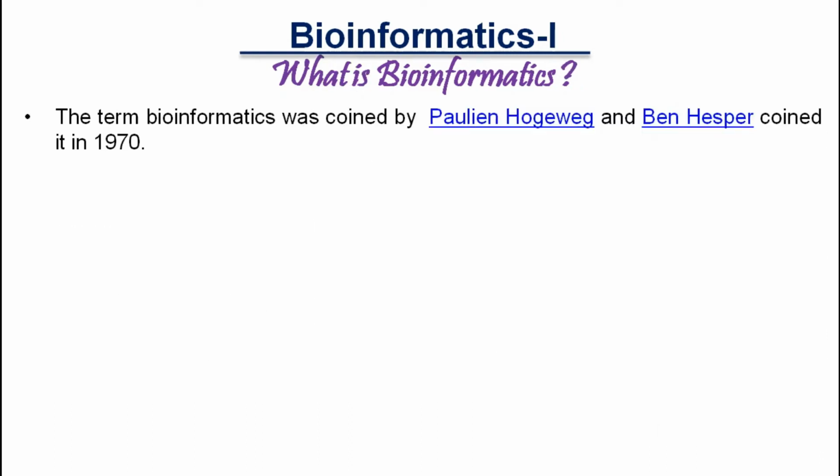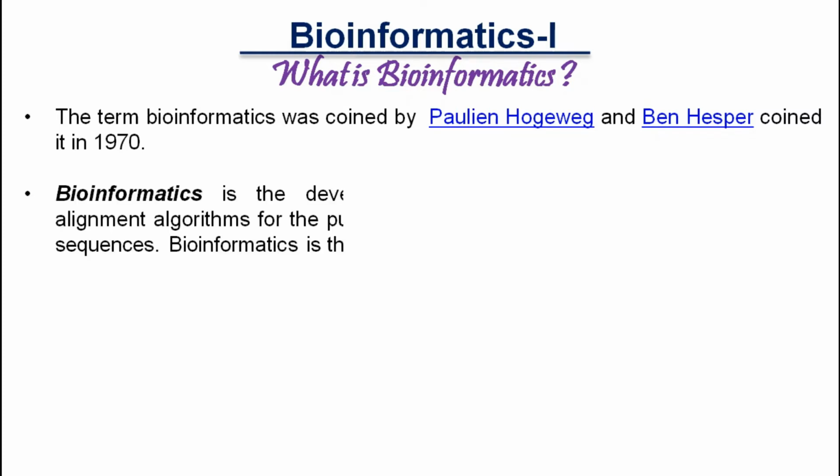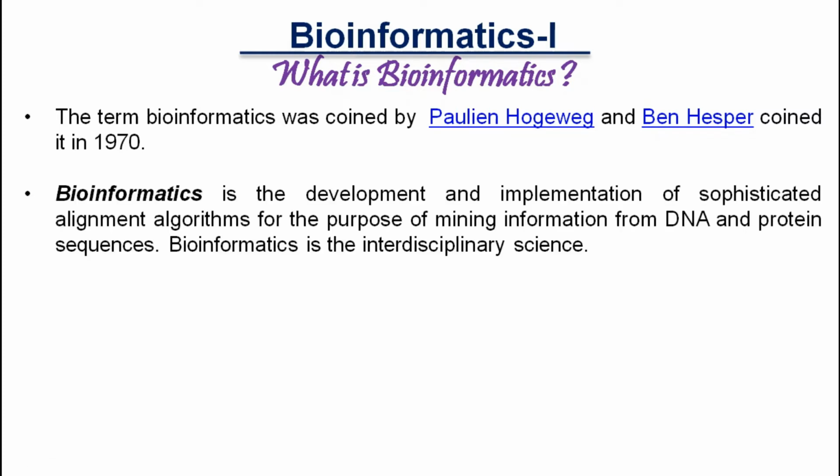The term was basically coined by Paulien Hogeweg and Ben Hesper in the 1970s. And what is bioinformatics? It is basically the development and implementation of algorithms for the mining of the data which we have retrieved or gained from DNA and protein sequences.